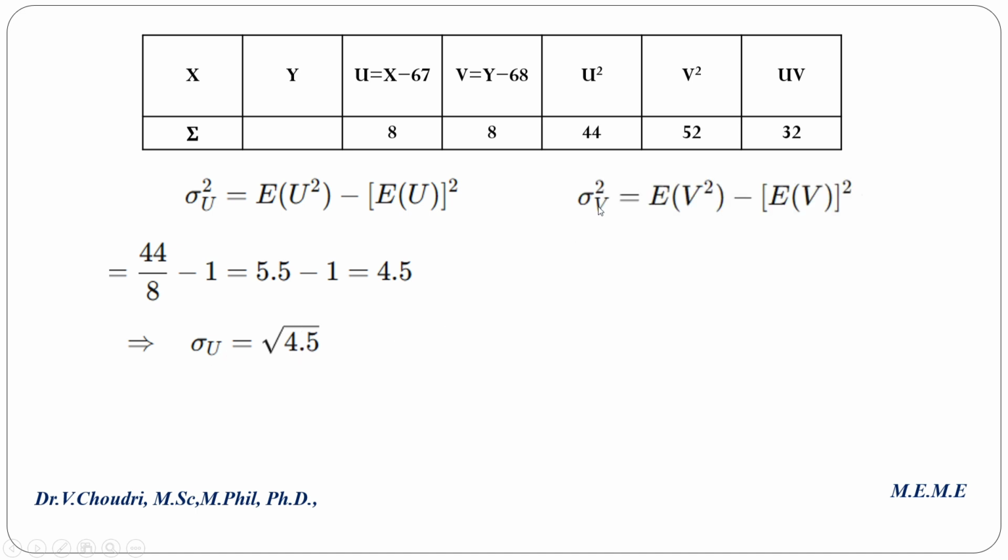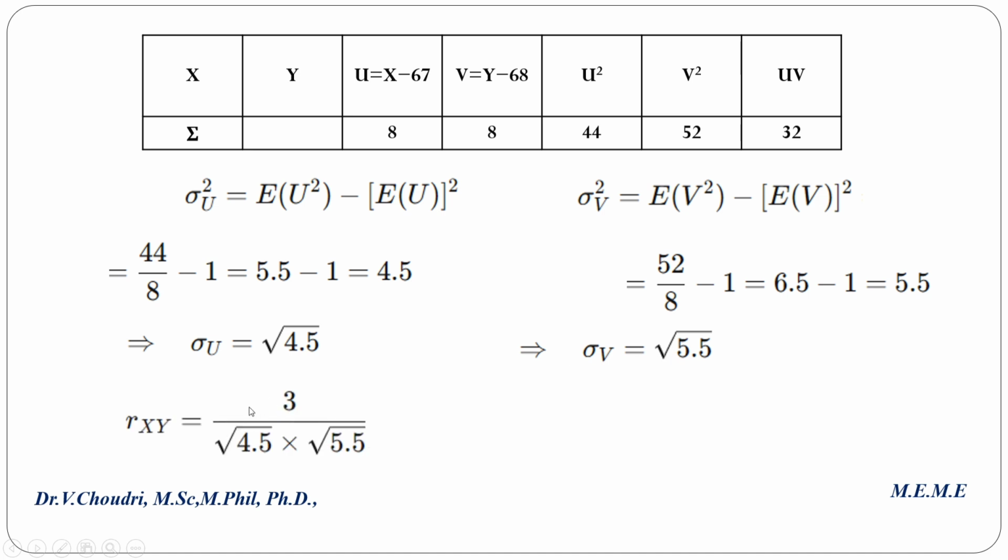Then variance of v, E of v square minus E of v whole square. Substitute summation of v square equal to 52 divided by the number of observations 8, minus E of v, already we know 1. So 52 divided by 8 is 6.5, minus 1 equals 5.5. So the standard deviation is root of 5.5.